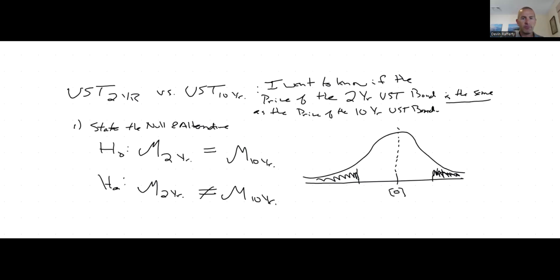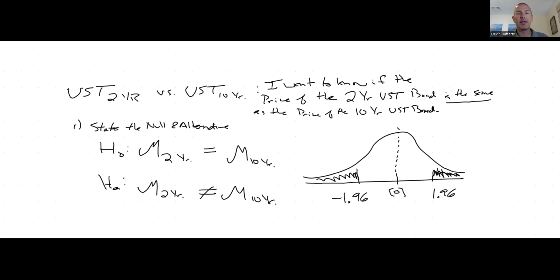So let's go back and draw that in. Our negative critical value is negative 1.96, and our positive critical value is 1.96.